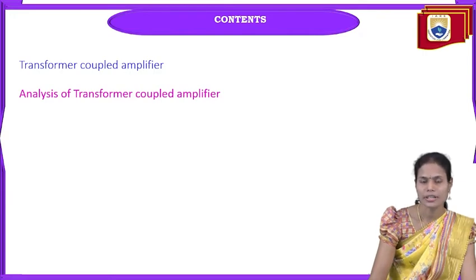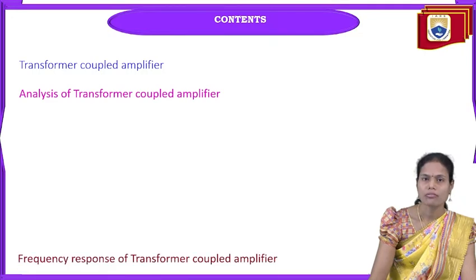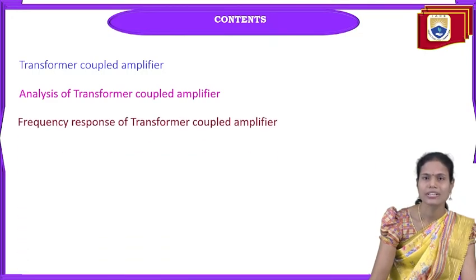If we are comparing it with the single stage amplifier, how much gain is improving and how much input as well as output impedances are improving in the case of a transformer coupled amplifier, we are going to discuss now. Along with this, we are going to see the frequency response of transformer coupled amplifier for different frequency ranges of signals.